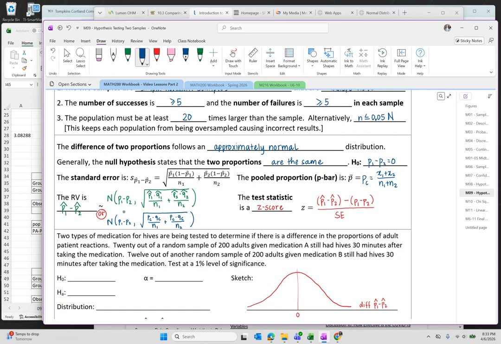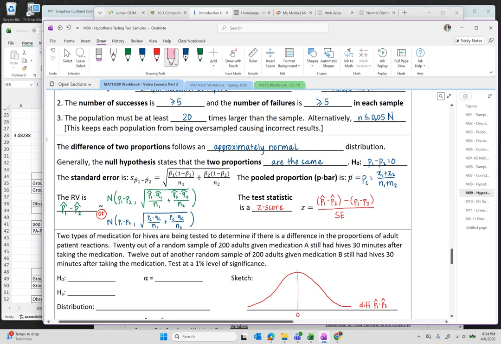Now, there is another approach to this distribution, and that uses a standard error that multiplies p times q for what we call the pooled proportion, p bar or pc, combined.